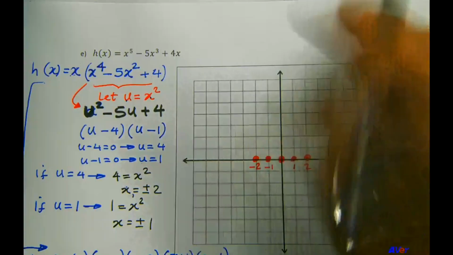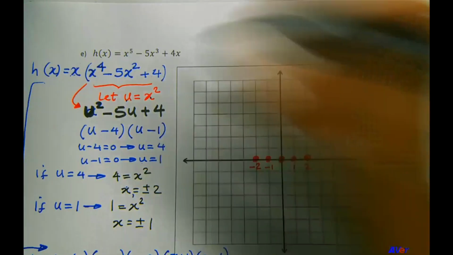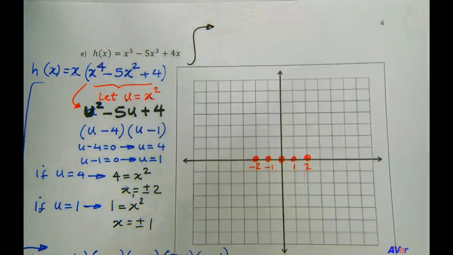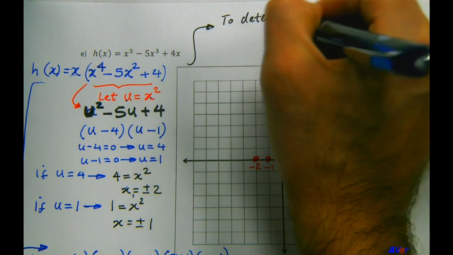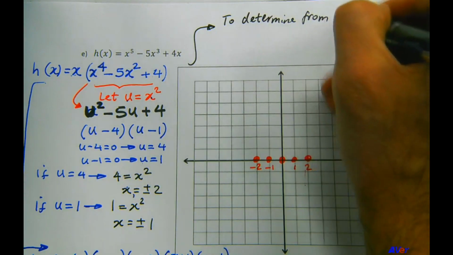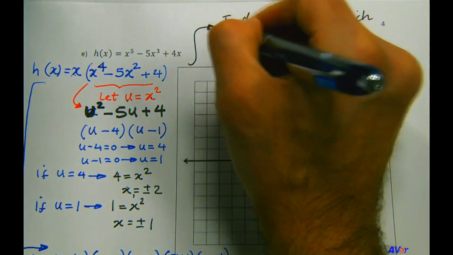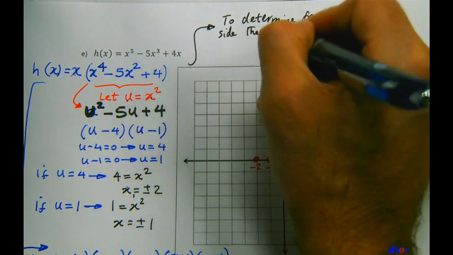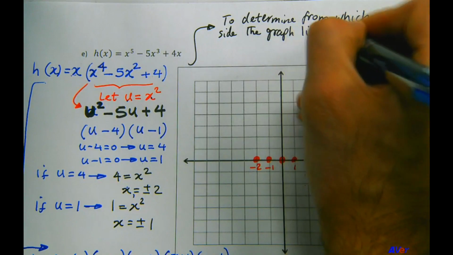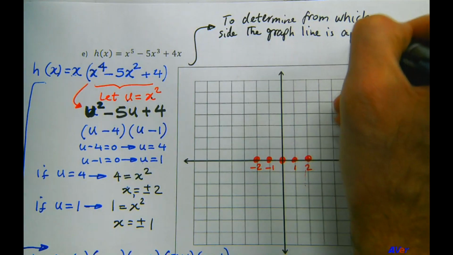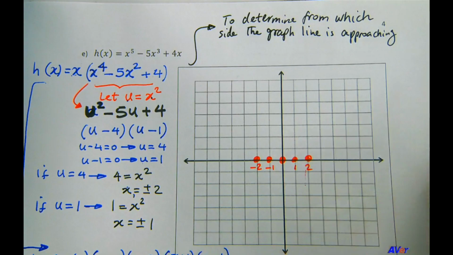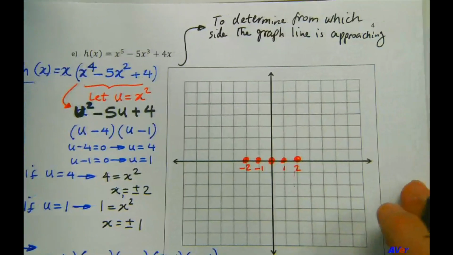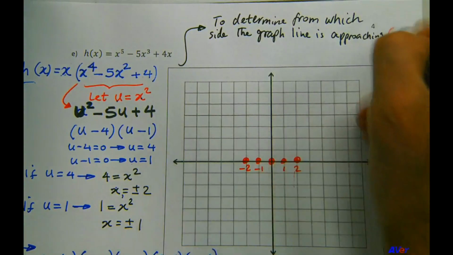I'm going to do that up here, to determine from which side the graph line is approaching negative 2 comma 0.